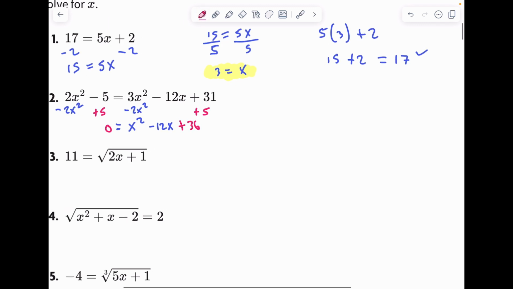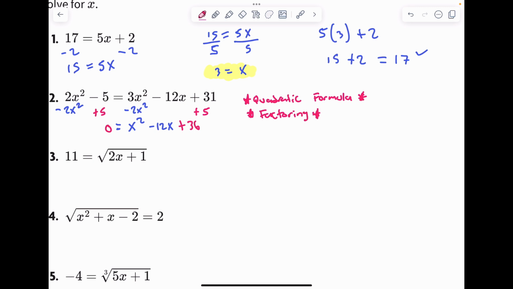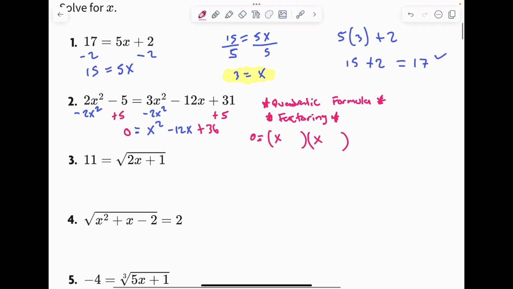Okay? Now I want to solve for this. You can do quadratic formula, which I don't think we'll need for this particular problem. You can do factoring, which I think is kind of what I will do. Okay, so let's factor this into a product of two binomials. So I get x, right? I want to have a positive, but I have to have a negative. So this has to be minus and minus.